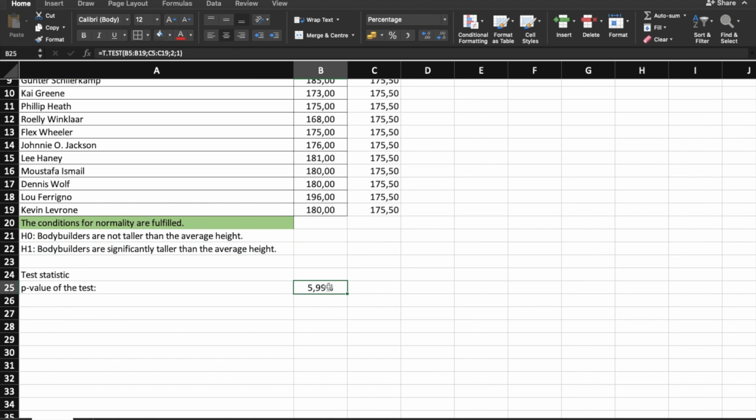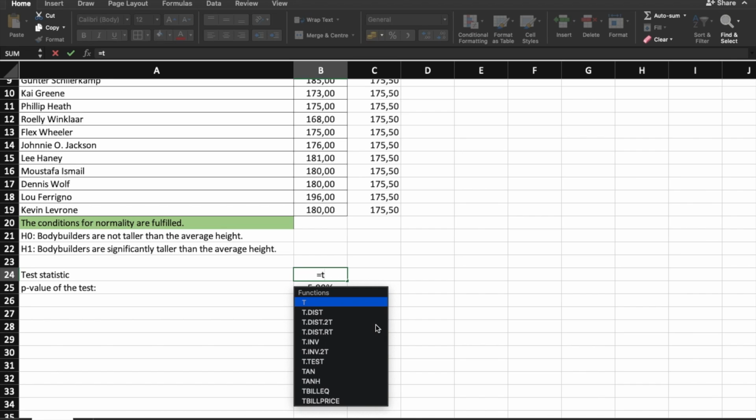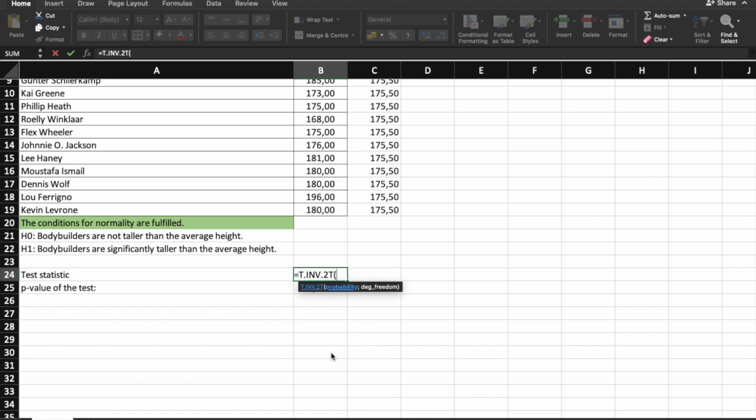So I've got the p-value, but I also need to write down the test statistic, which is T inverted, which is the probability, T inverted, two-tailed, and now I have to give the probability.